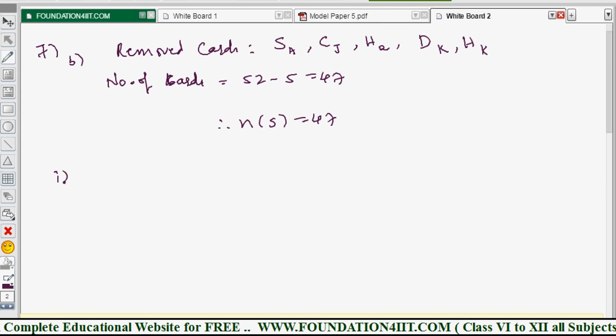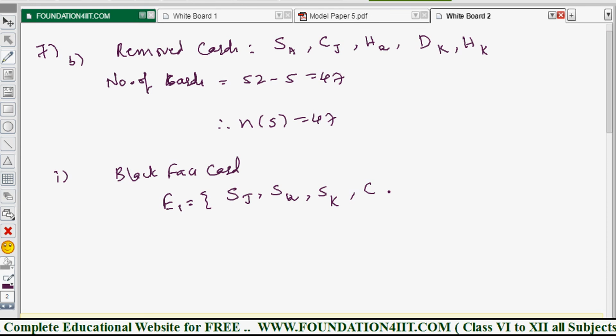So the first one is, the card drawn is a black face card. So you should find the probability of a black face card. In total there are 12 face cards, in that black is 6. In that 6, 1 is removed, because the club jack is removed. So spade jack, spade queen, and spade king, these 3 are black.